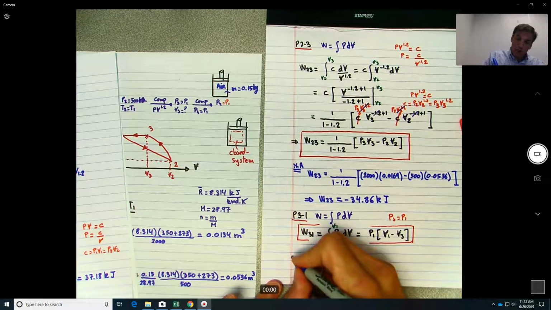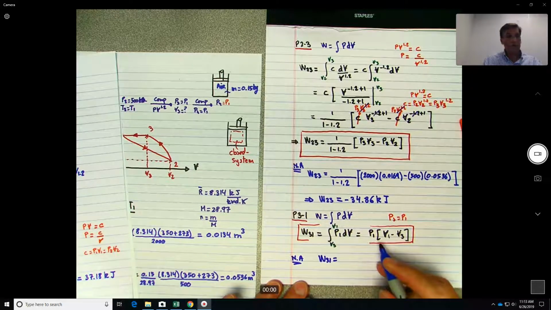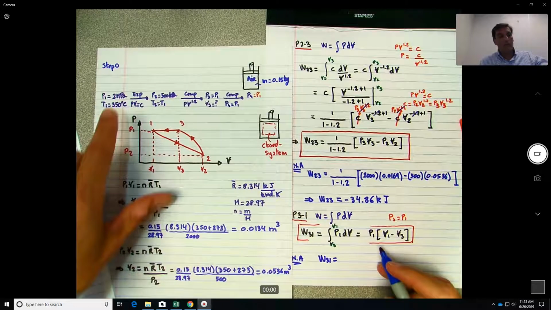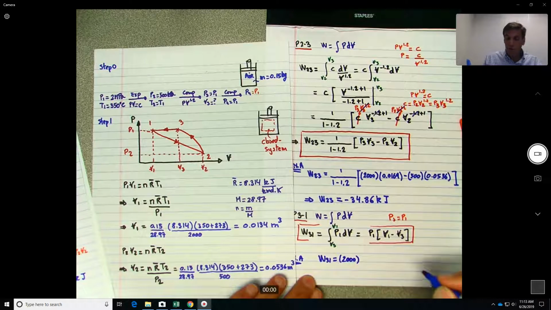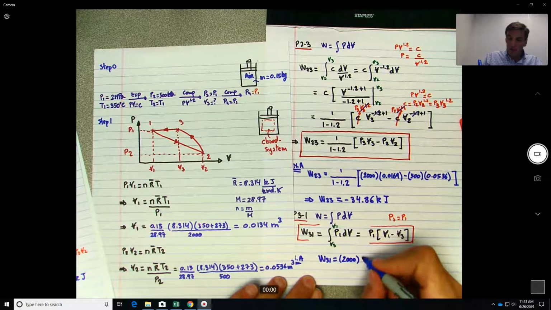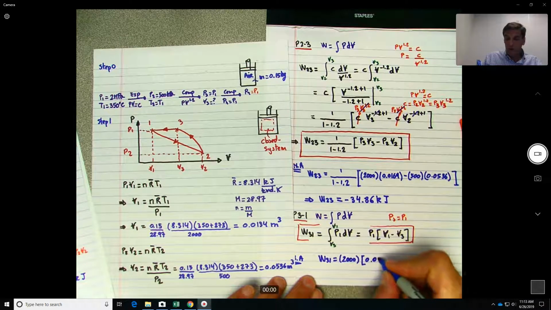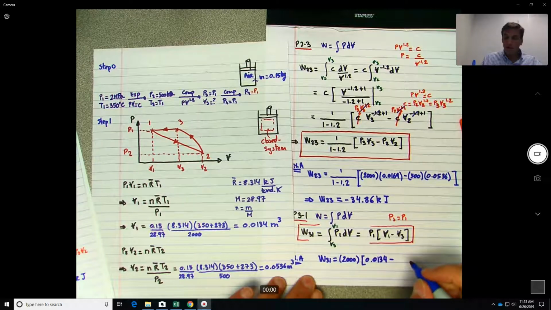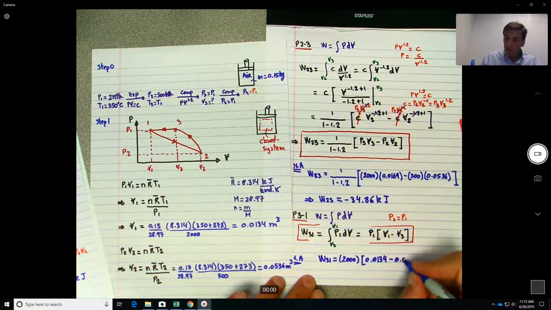Okay? So we do the numerical application. Work 3,1 will be equal to P1, which was equal to 2000 kilopascals, times V1, 0.0134, minus V3, 0.0169.